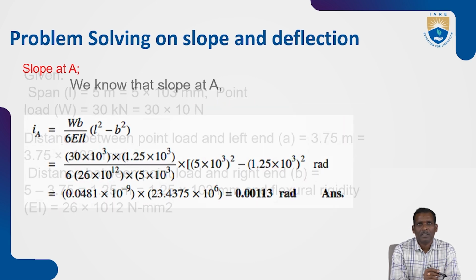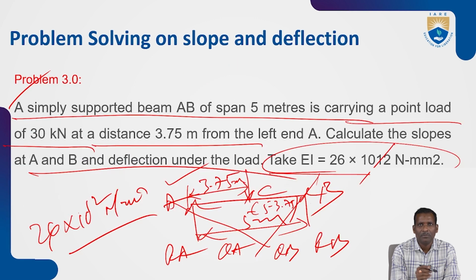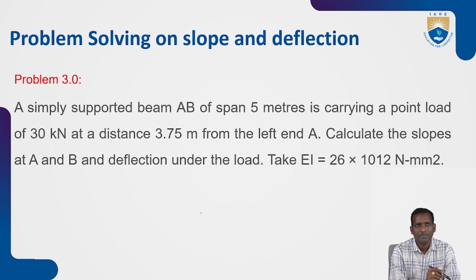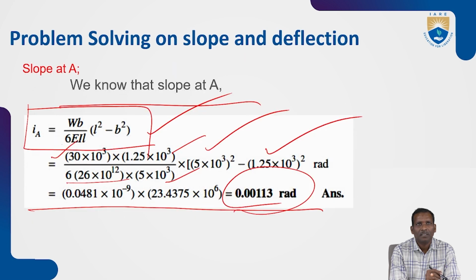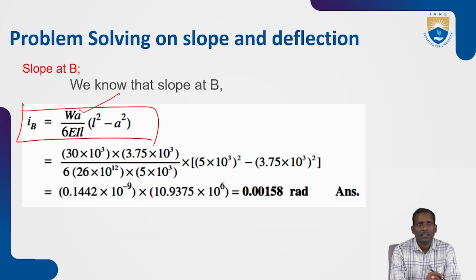In this diagram, when you are calculating at A, you need to substitute the right hand side distance. Here you are calculating the slope at this point, so the distance needs to be taken from the right hand side. Clear? So that's why W into A by 6 EIL into L square minus A square.